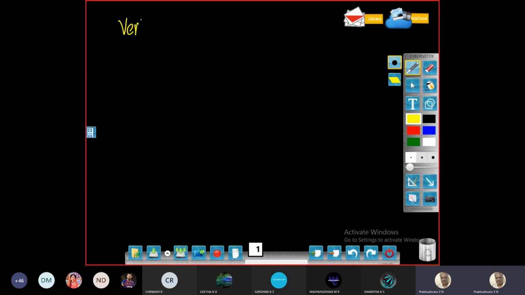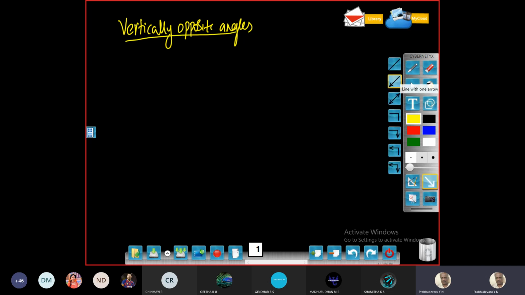You can write the heading vertically opposite angles. So let us draw the vertically opposite angles. Here I have drawn a line, and another line in this direction.